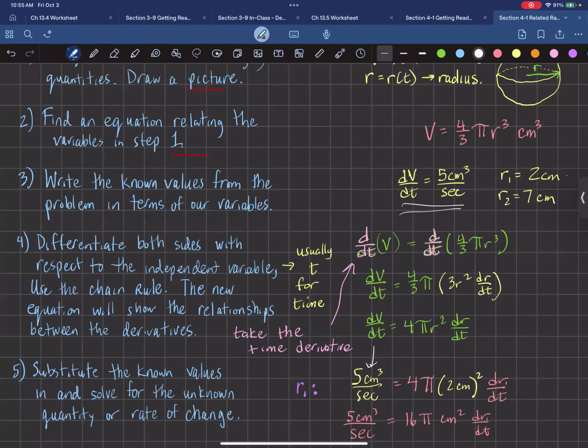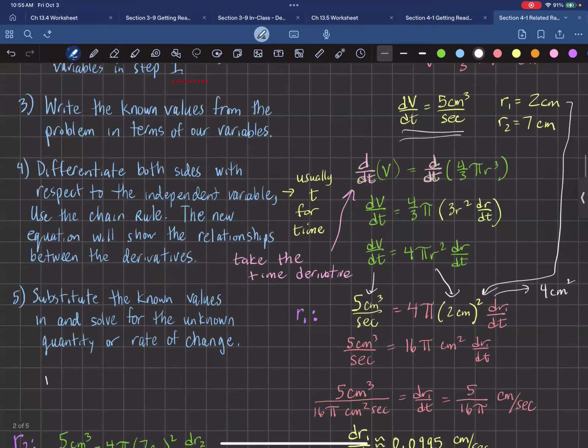I'm going to start with r1, so we're doing 2 centimeters, and it's r squared, so we're squaring it. 2 centimeters squared is 4 centimeters squared. So 4 times 4 is 16. We've got 16 pi centimeters squared times dr1/dt. And I put dr1/dt because I had two different radii that we're looking at. Plural of radius is radii.